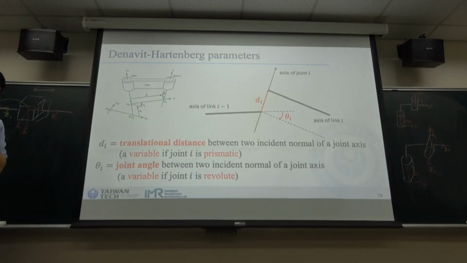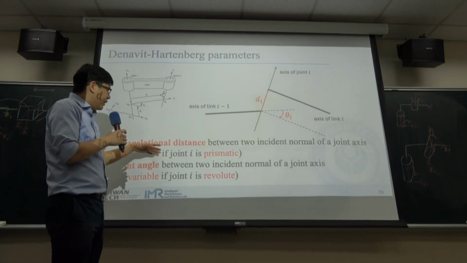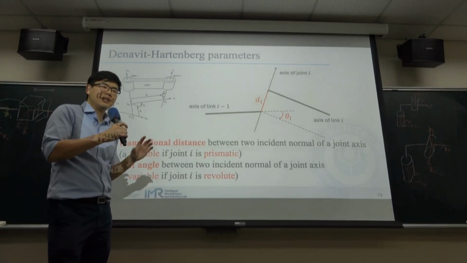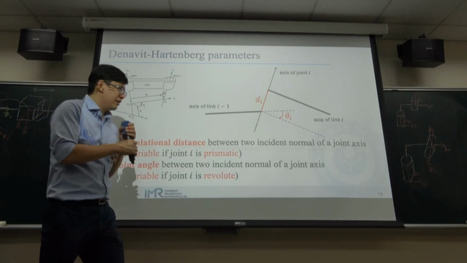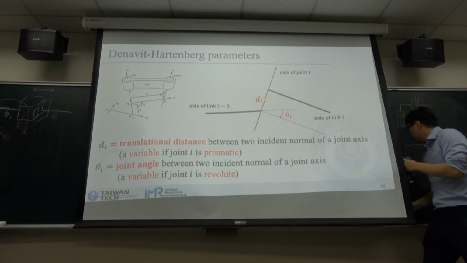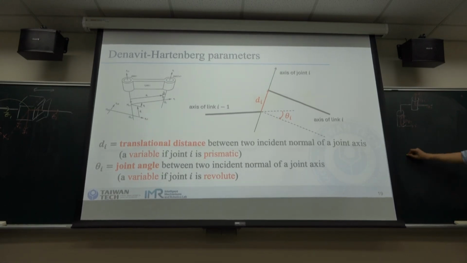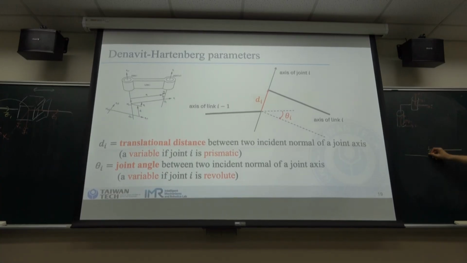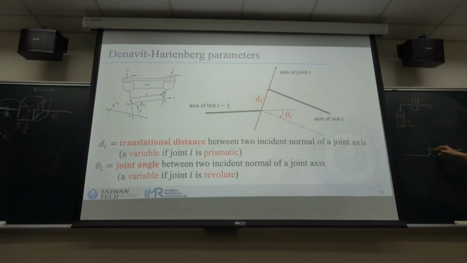If we recall from earlier, we said that if the translational distance changes between the two links, what is the joint type? So we have two links, and the distance between these two links changes. What is this type of joint?